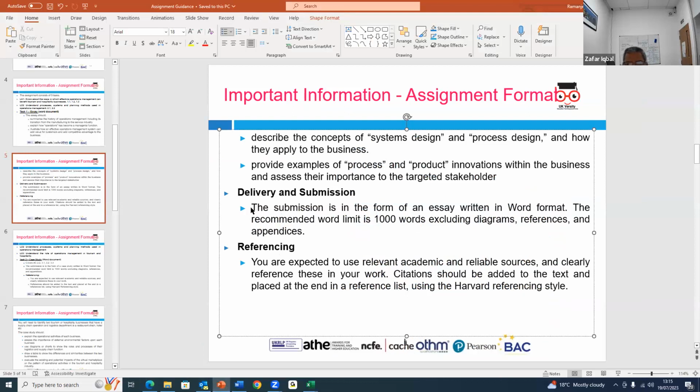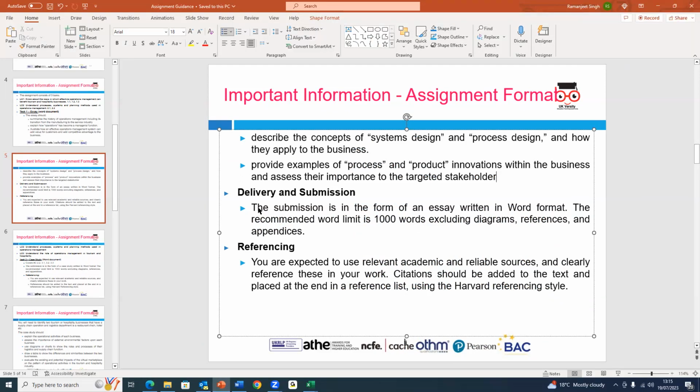The total word limit is about 1,000 words, so not a big essay, maybe 200 words each. 200 words means maybe three quarters of a page. So 1,000 words is maybe three pages.